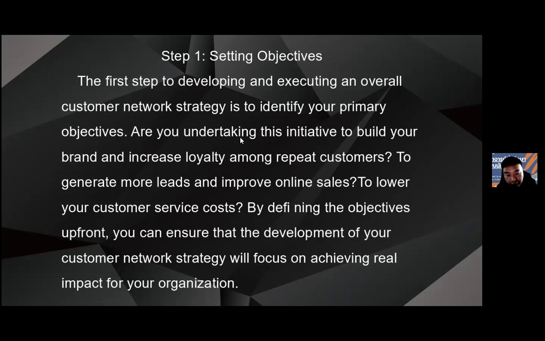Are you undertaking this initiative to build your brand and increase loyalty among repeat consumers, to generate more leads and improve online sales, or to lower your consumer service costs? By defining the objective upfront, you can ensure that the development of your consumer network strategy will focus on achieving real impact for your organization.